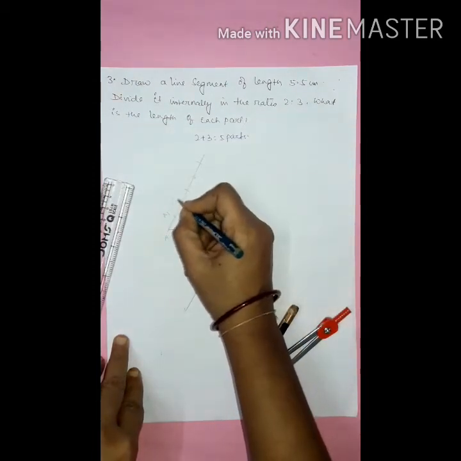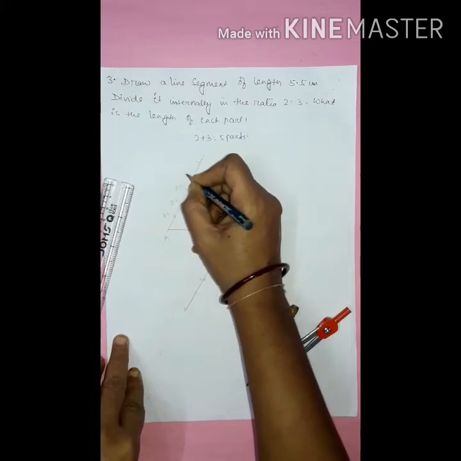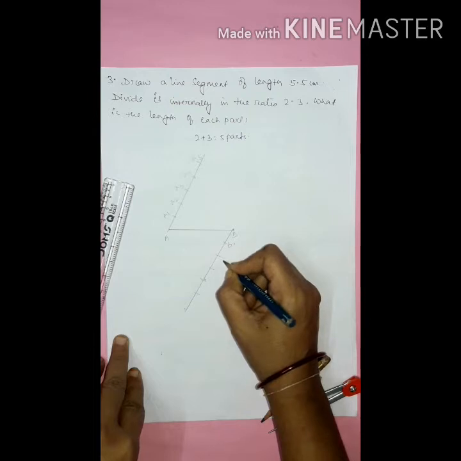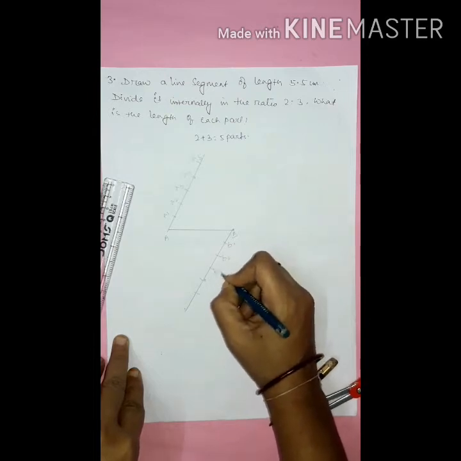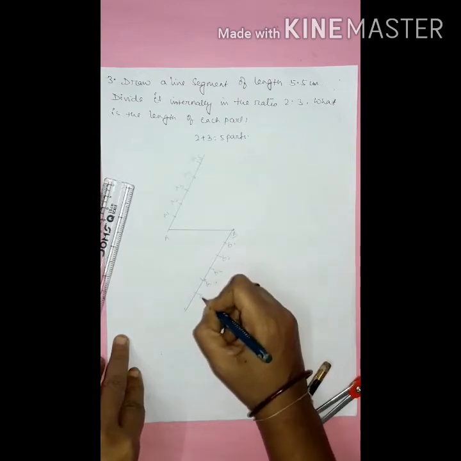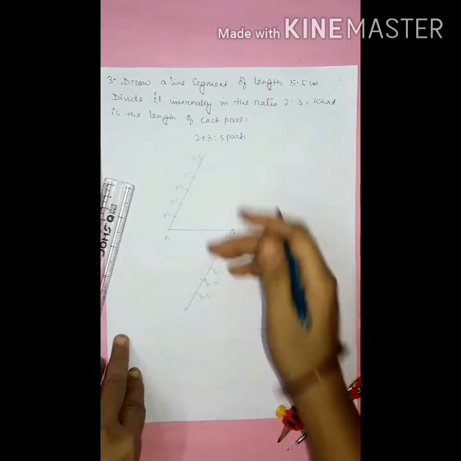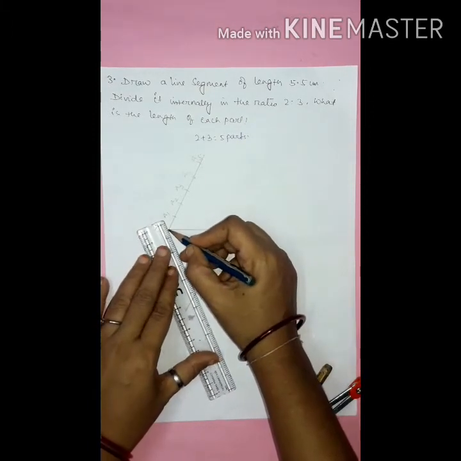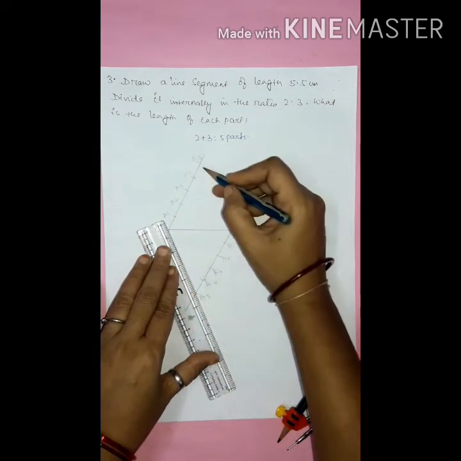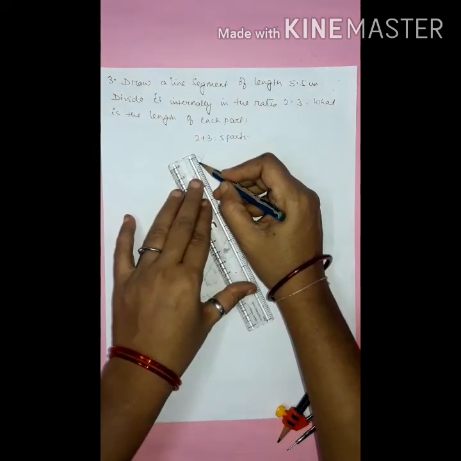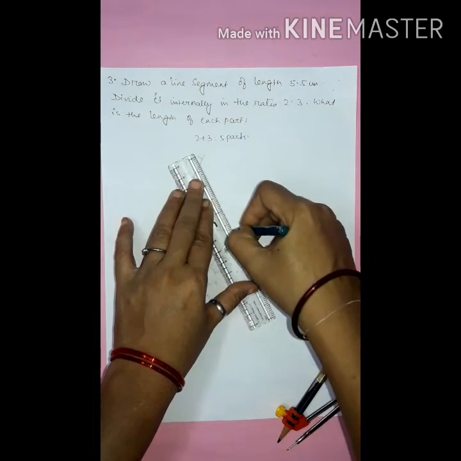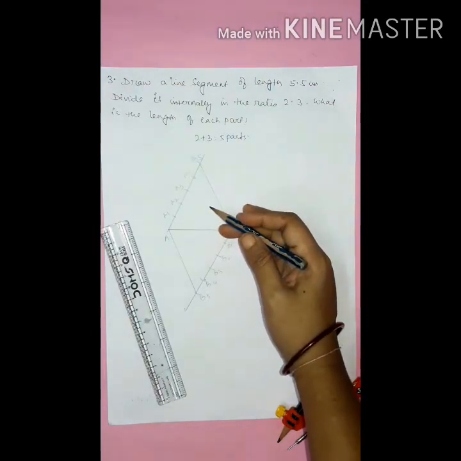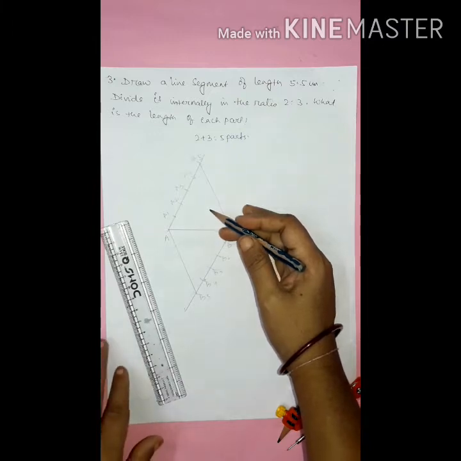Now make this one A1, A2, A3, A4, A5, and B1, B2, B3, B4, B5. So now join A2 to B5 and A5 to B. Now this AB we can divide into 2:3.